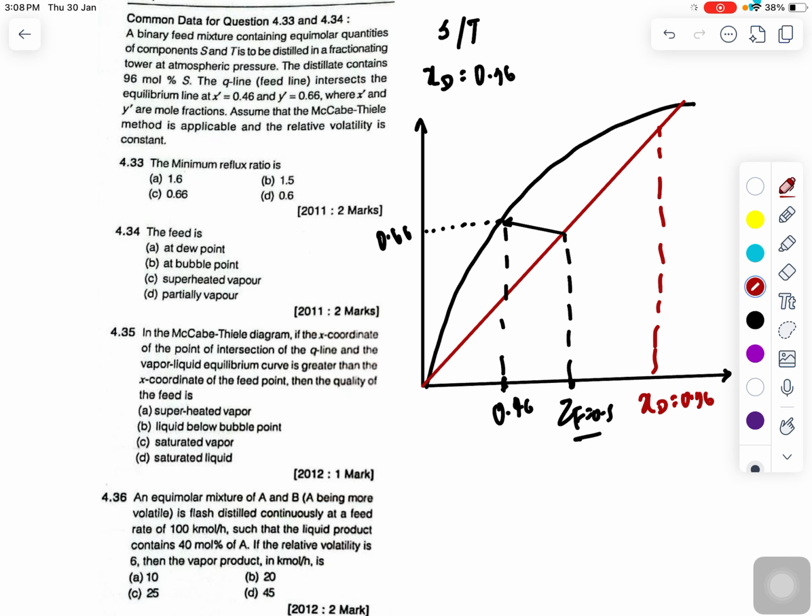So when we talk about the rectifying section line, that will pass through this point only. This one is the rectifying section line, and this coordinate is XD divided by R plus 1. So I can calculate the slope of the rectifying section line. This point will be 0.96, and this coordinate will be 0.46 and 0.66.